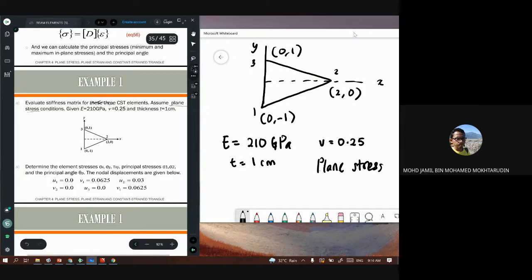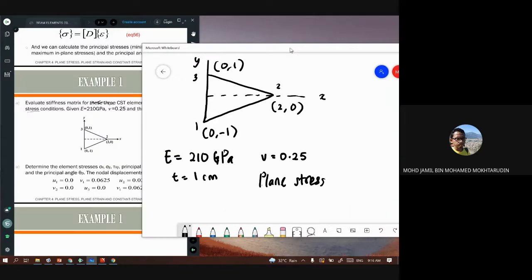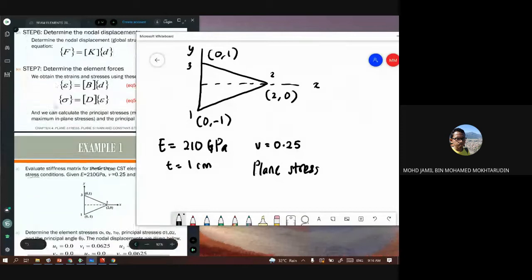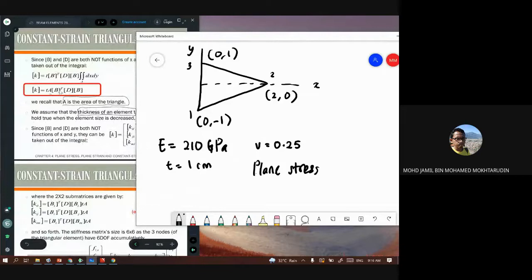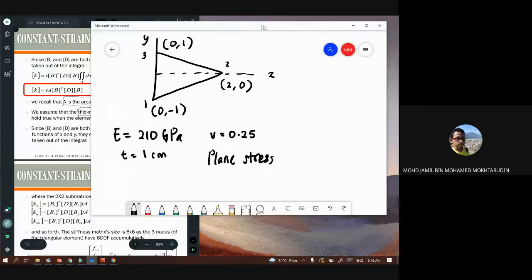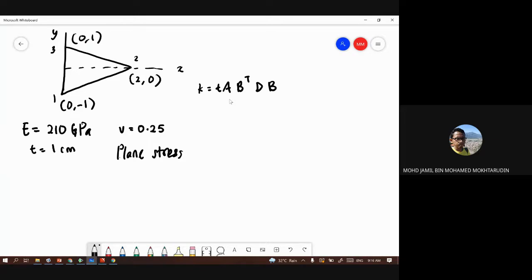The first thing that the question asks is to evaluate the stiffness matrix, which is given by this formula: K equals T A B transpose D B. So to find K, we need A and T. T is already given.